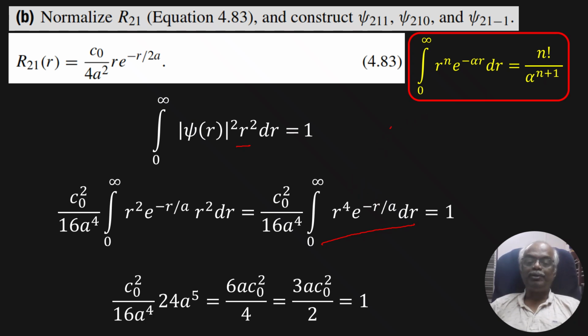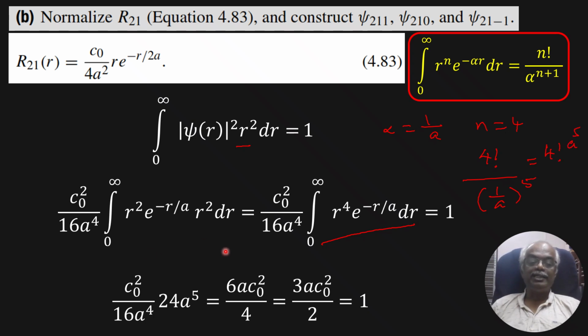Here alpha is 1 over a and n is equal to 4. So the integral value is 4 factorial over (1 over a) power n plus 1, and n plus 1 is 5, so this can be written as 4 factorial a power 5.